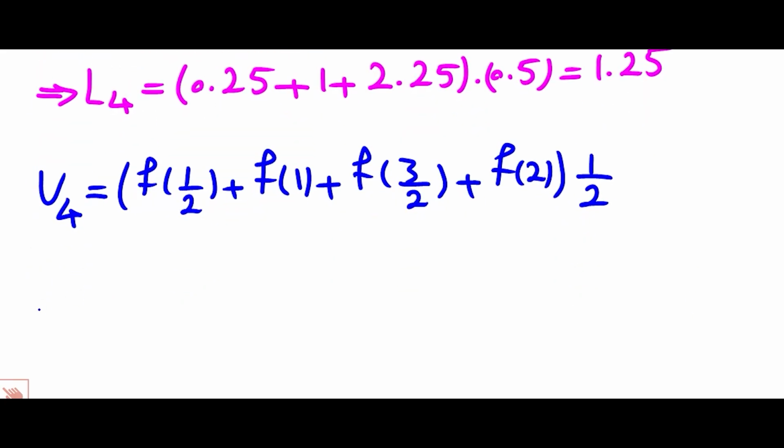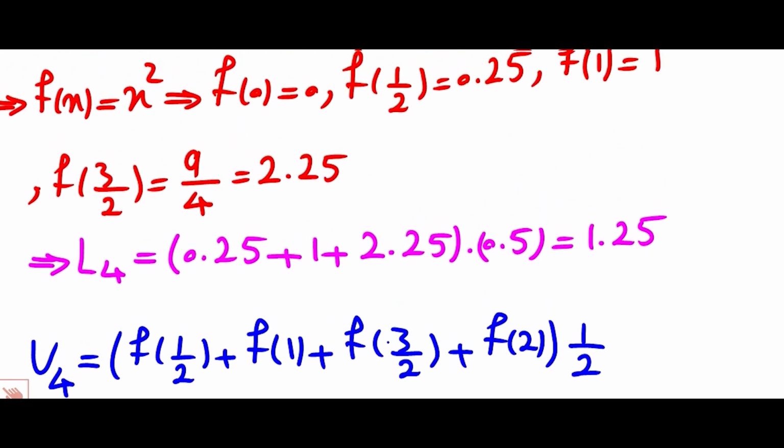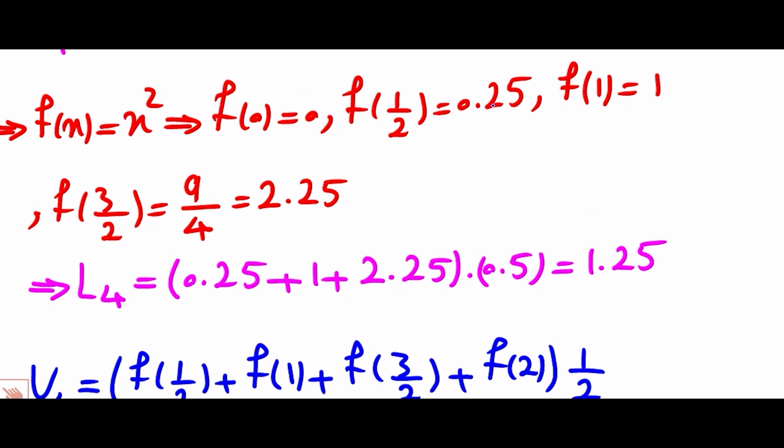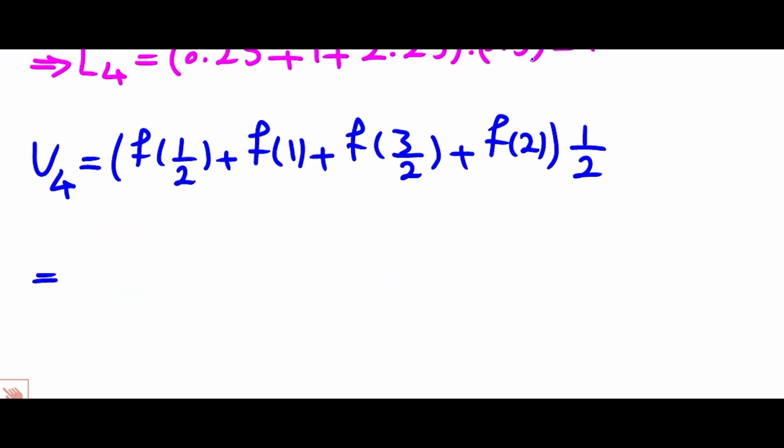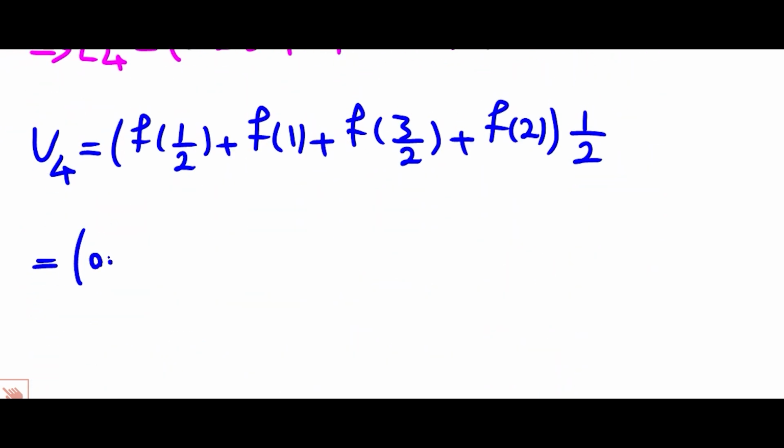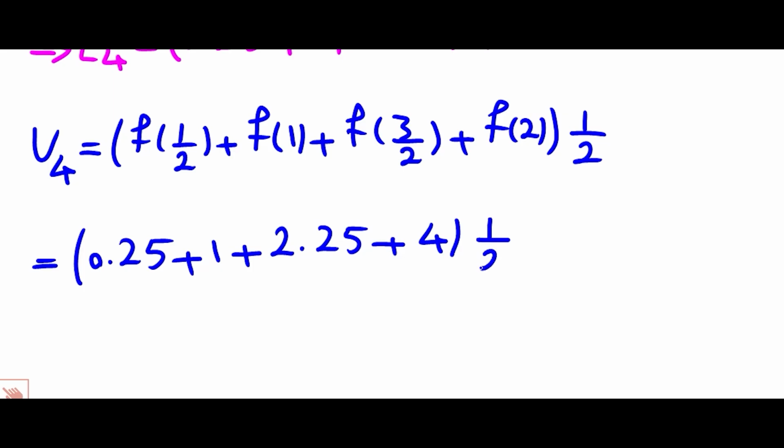So f of 1/2 equals 0.25 plus f of 1 equals 1 plus f of 3/2 equals 9/4, or 2.25, plus f of 2, means 2 squared equals 4, times 1/2.